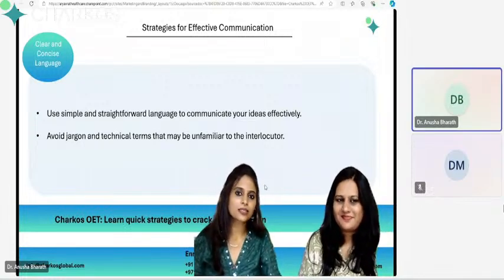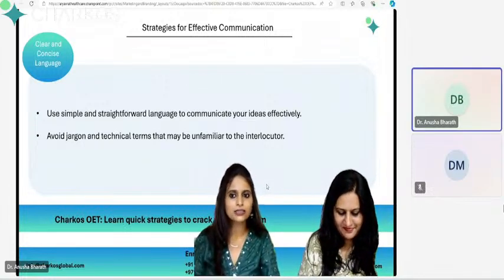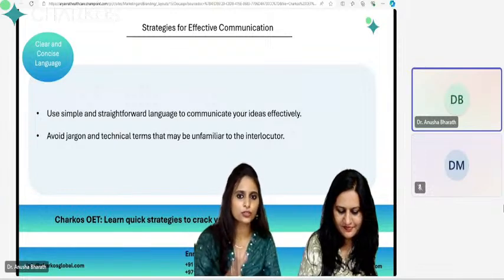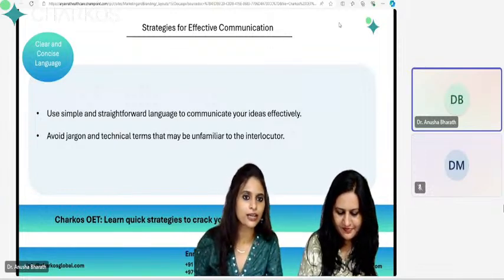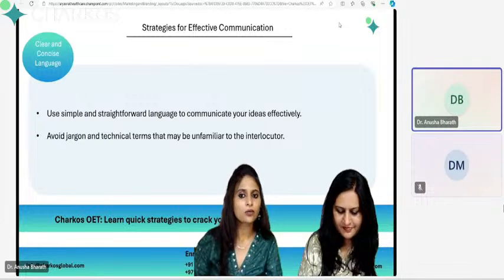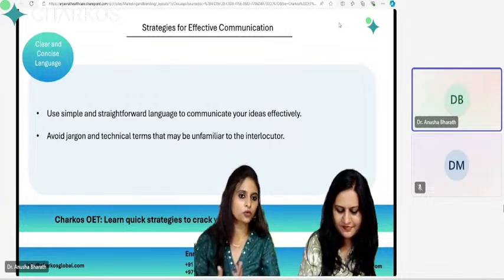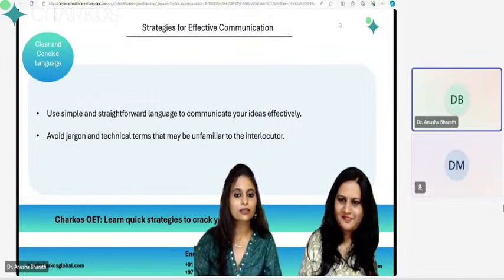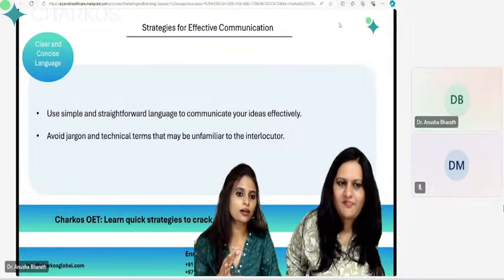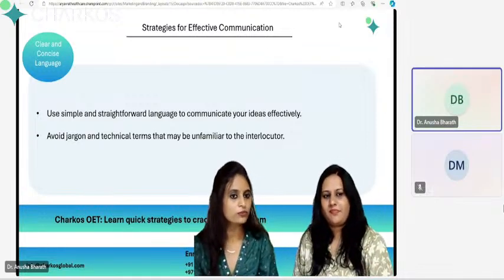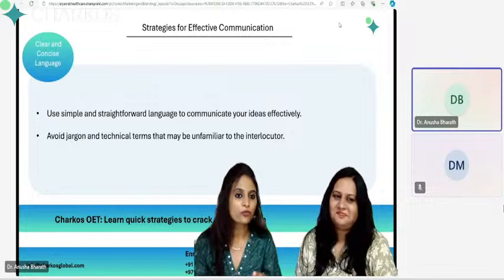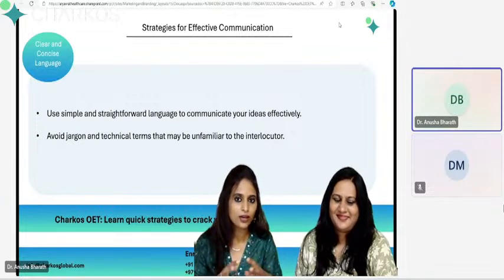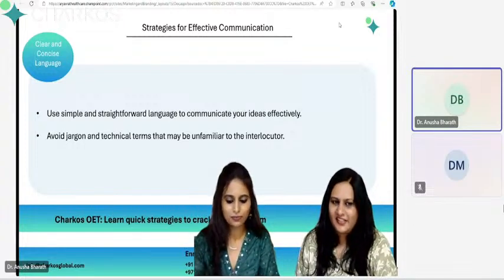Clear and concise language, as we've already stated. Use language which is simple and straightforward to communicate your ideas effectively, and avoid technical terms, or what we call jargon, which the patient would be unfamiliar with. The key to doing a role play very well is to have clarity in what you speak.